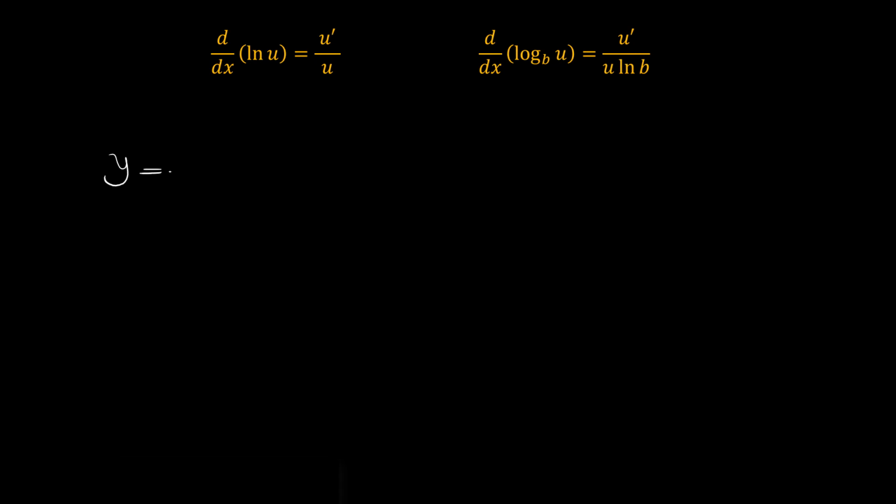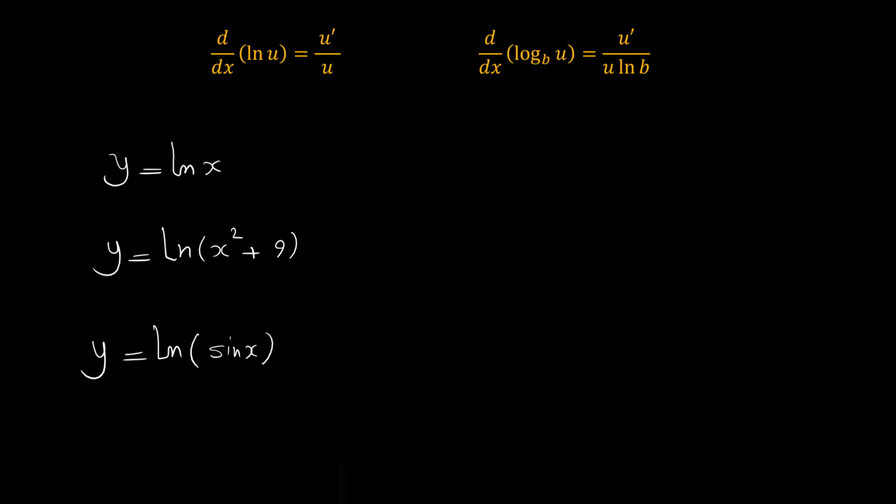Suppose we want to find the derivative of these functions: y equals ln of x, y equals ln of x squared plus 9, and y equals ln of sine of x. For finding the derivative of all of these functions, we use this formula.